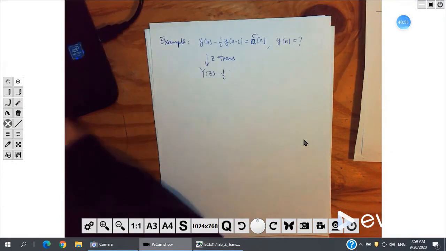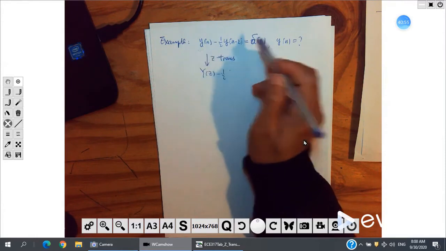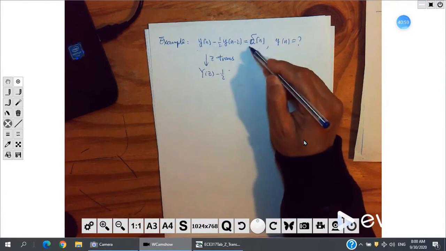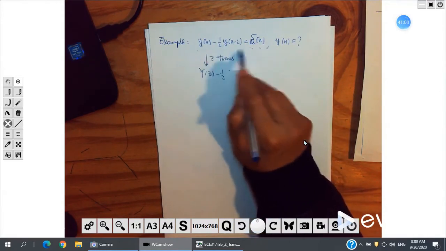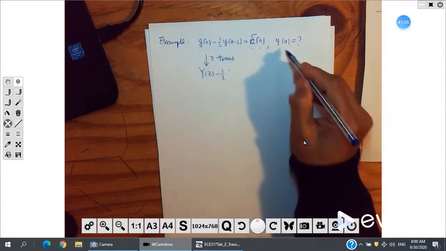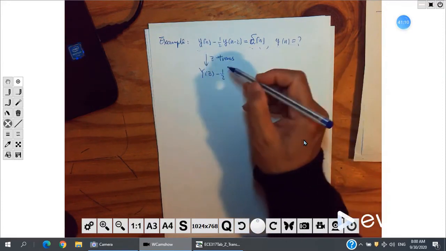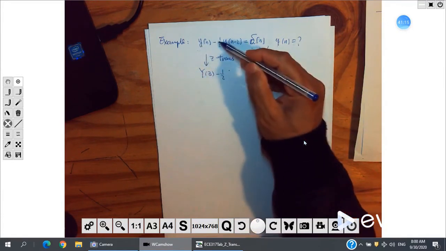Example. We consider a system with delta of n as input. This is the difference equation of the system. With this equation, we want to find y of n. What is y of n? Now we perform the z transform. So y of n goes to capital Y of z, and half is still half.